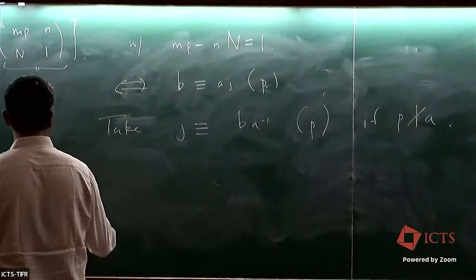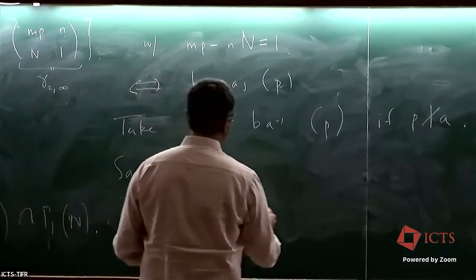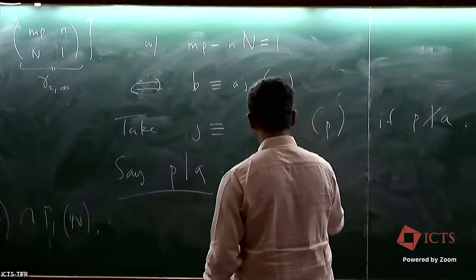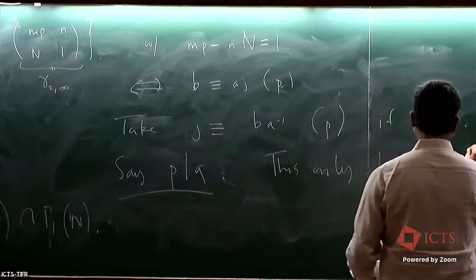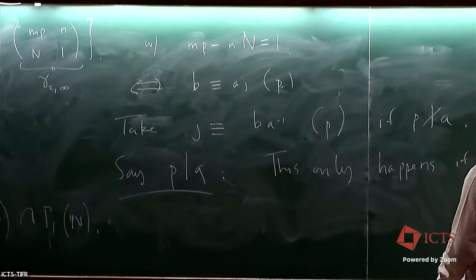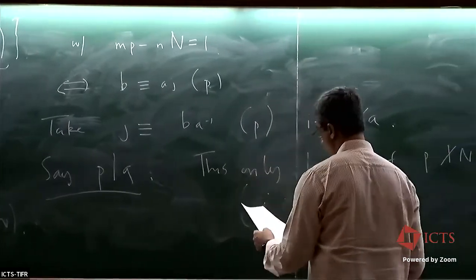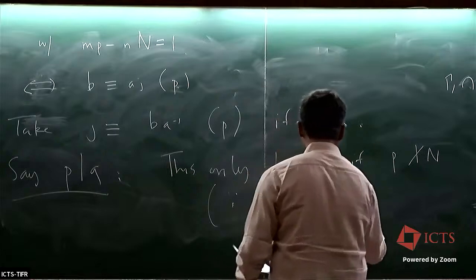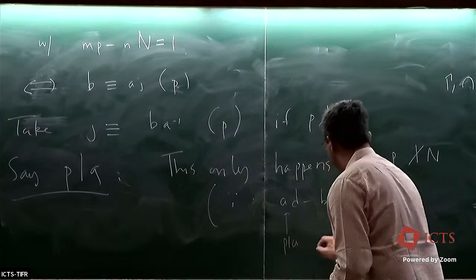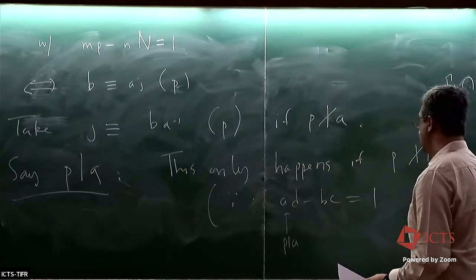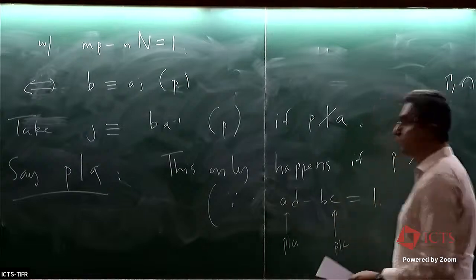Okay, so say P divides A now, what do you do? So note, first of all, that this only happens if P does not divide N, since we already know that AD minus BC is equal to 1. So if P divides A and P divides N, then there's a problem. C is a multiple of N, so P would divide C also, right?